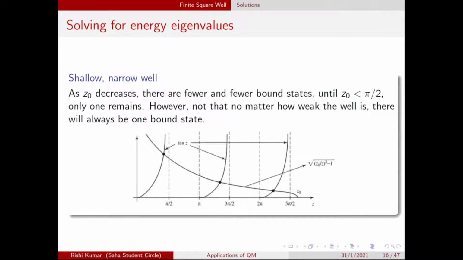Essentially, our z naught decreases, and there are fewer and fewer bound states present in that well until z naught is less than pi by 2, where only one bound state remains. But one thing to notice here is that there is no case where there are no bound states at all. So no matter how weak the well is, there will always exist one bound state of the quantum system. This is just a graphical representation of whatever I said so far.